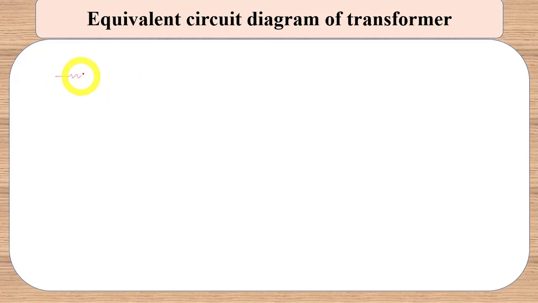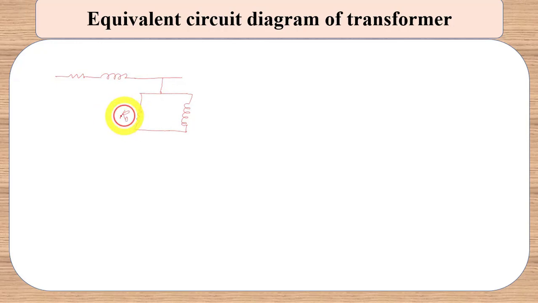So this is the resistance, this is the leakage reactance, and this is the shunt branch which represents the equivalent core loss resistance denoted by R0, and this is the magnetizing current equivalent reactance of the core.